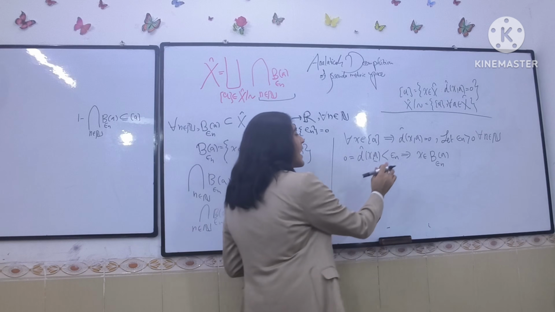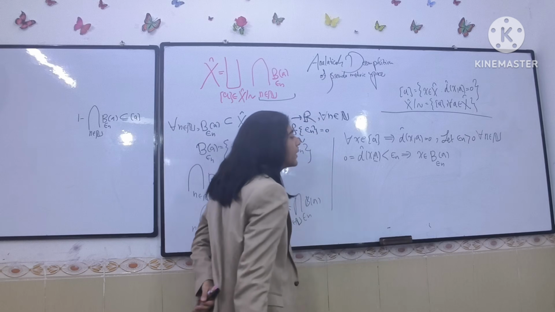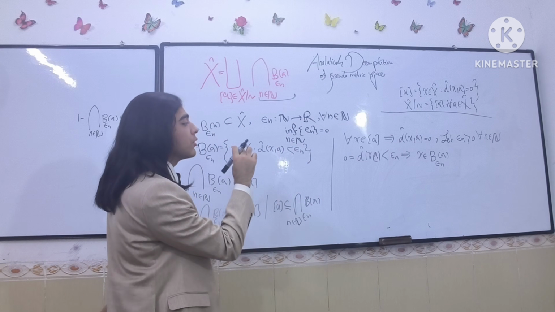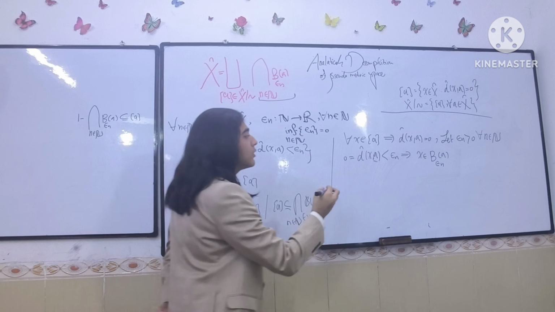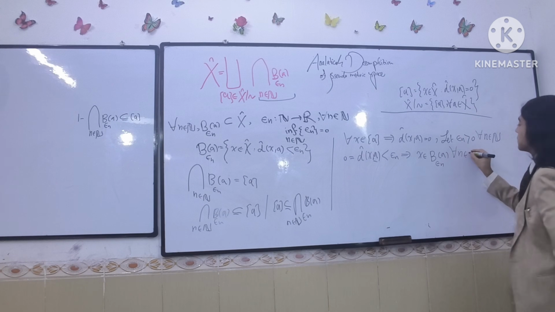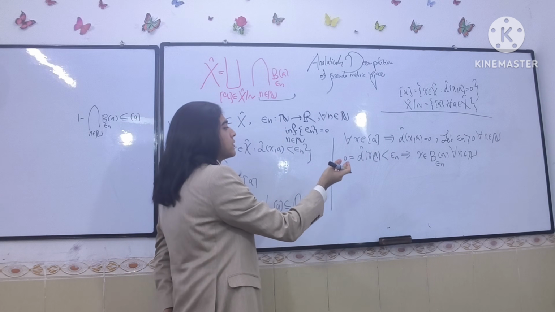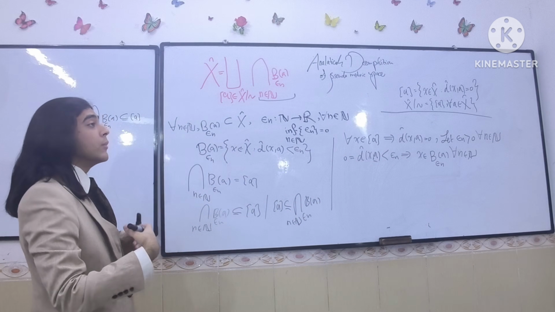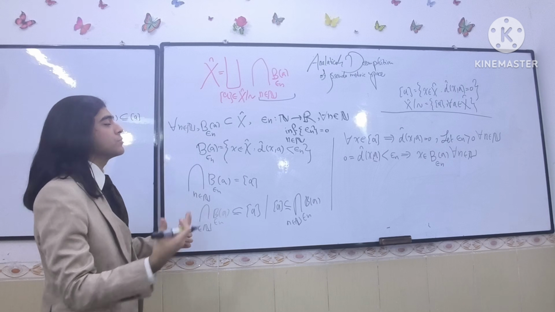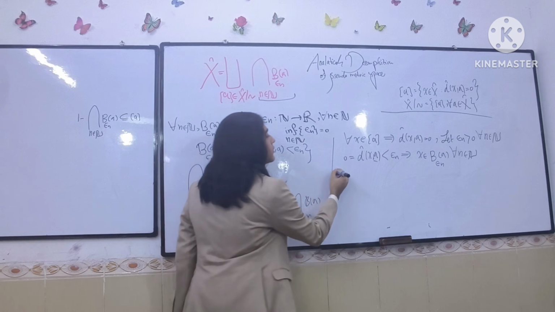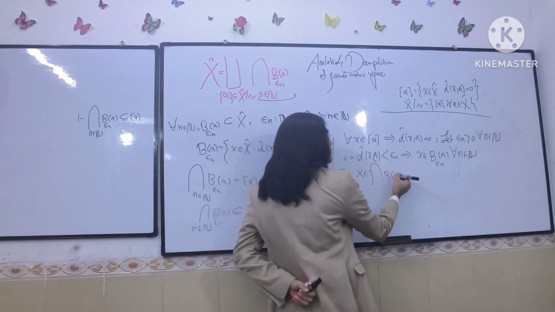So I get that x belongs to the open balls or neighborhoods around A for all epsilon n, which belong to the intersection. So x belongs to the intersection of open balls.